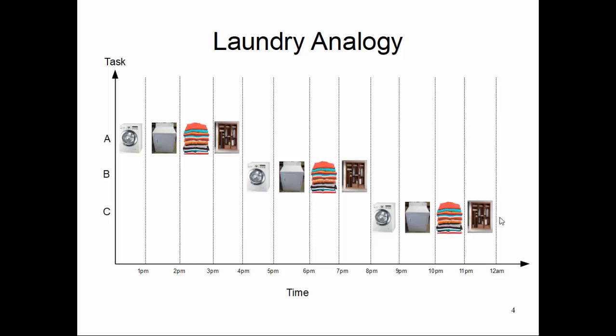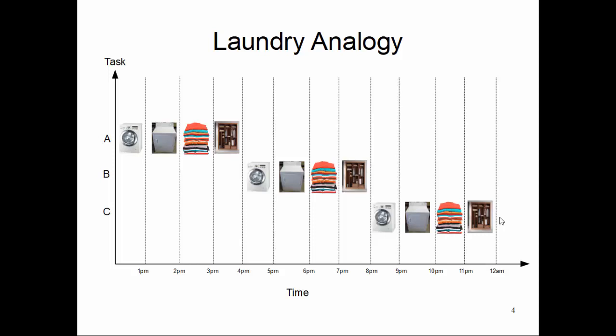But if you think very critically, when A is done with the washing, that washing machine is basically free, right? Then B can start their washing at that point, and once B is done, C can also start their process.